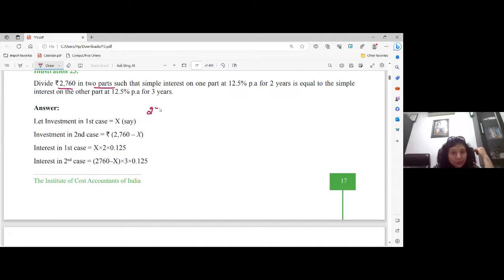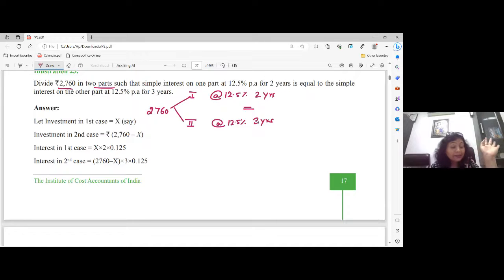So that means 2,760 should be divisible in two parts such that interest on first part at the rate of 12.5% per annum for 2 years is equal to simple interest on other part at 12.5% per annum for 3 years.